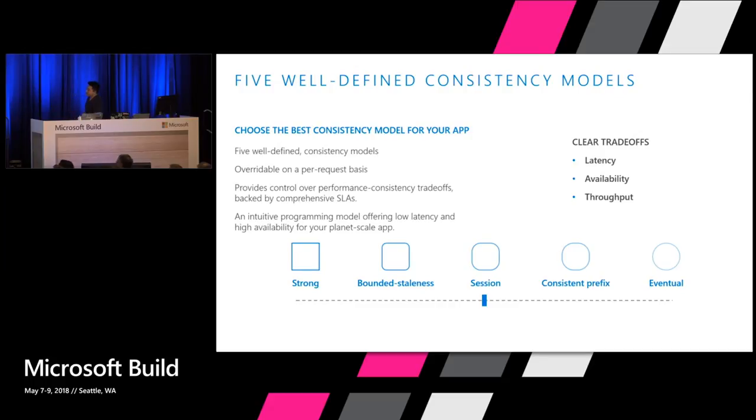So bounded staleness is all about setting tight bounds on how eventual is eventual. So if you have, let's say, hard requirements, a mission-critical application with very strict RTO and RPO objectives, you can actually control how eventual is eventual by configuring the bounded staleness.